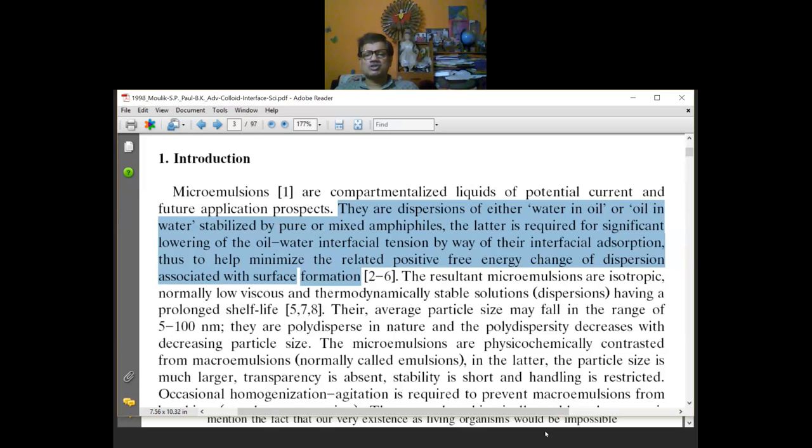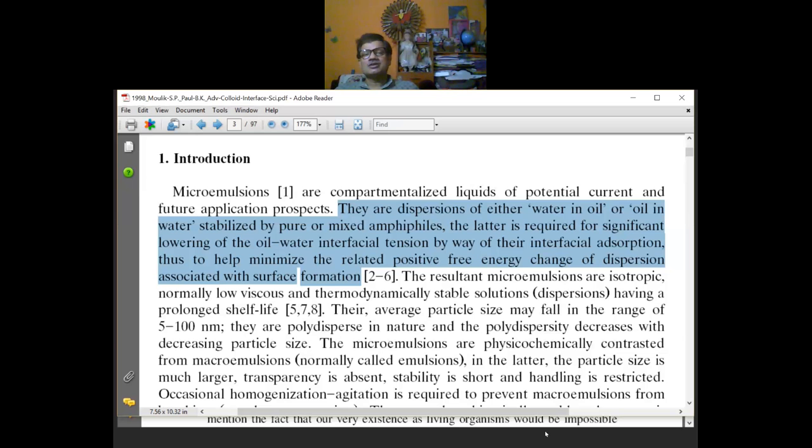So short chain alcohols or alkyl amines are also sometimes used as an additive. That is why it's a mixed amphiphile. So they are also called co-surfactants. I told you about this when I discussed nanoparticle synthesis using water in oil microemulsion.